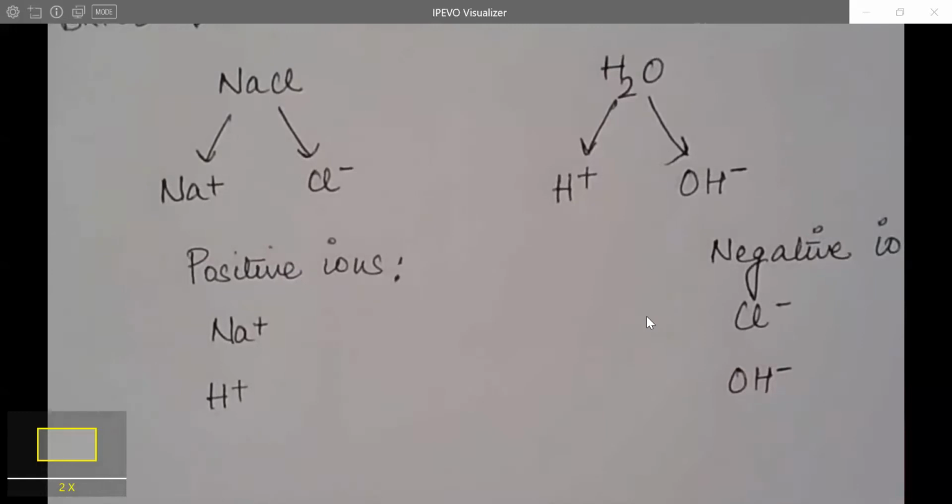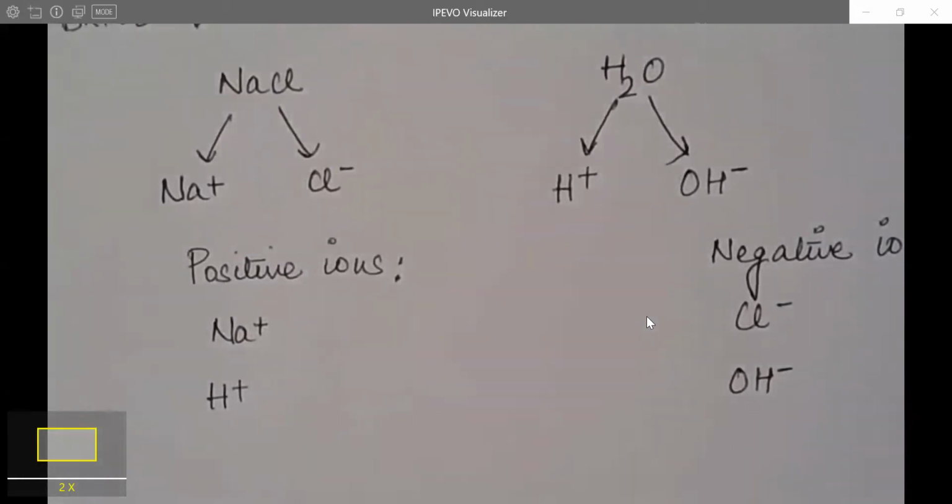Now we're going to first focus on what happens to the positive ions. As there is a pair, there's a competition between the two as to which one of them will stay back in the solution and which one will move towards the negative electrode and get deposited.